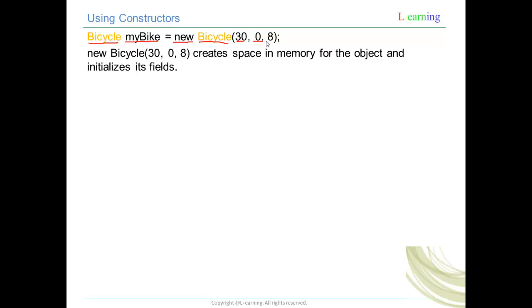So what this does, this will call the constructor with 3 parameters. The new Bicycle(30, 0, 8) creates space in memory for the object and initializes its fields.